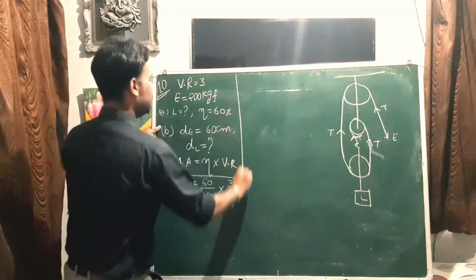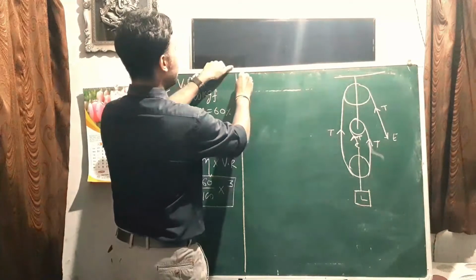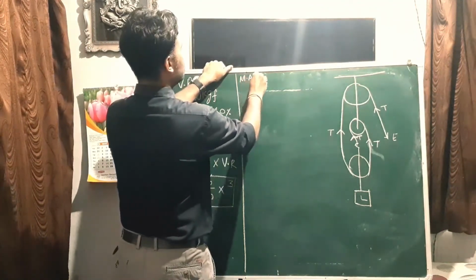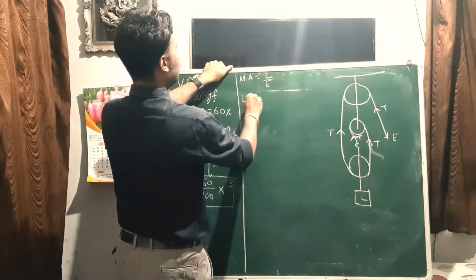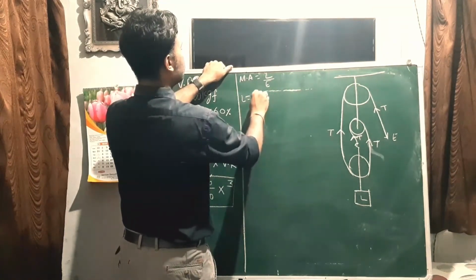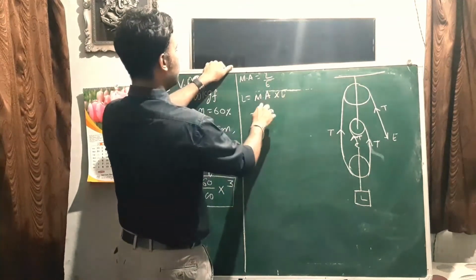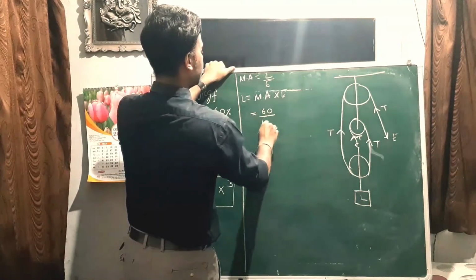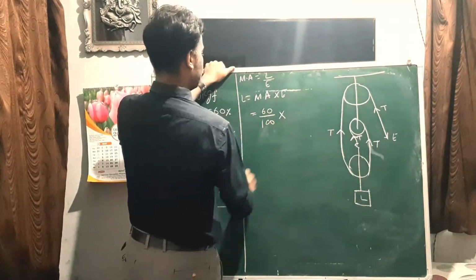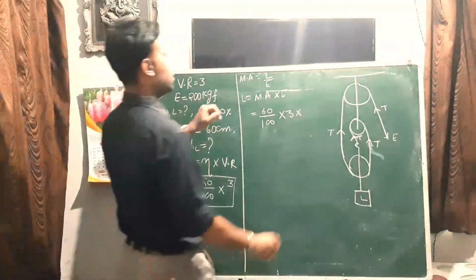Now what will be the value of load, right? We have to calculate the value of load. So MA is equal to load upon effort. So load will be MA into effort, right? So MA is 60 by 100 into 3, and what is the value of effort? It is 200 kgf.